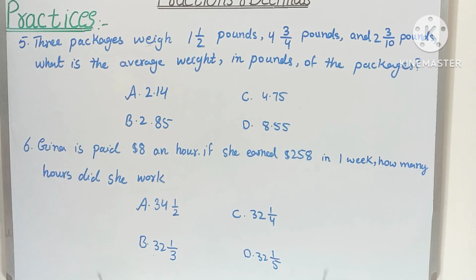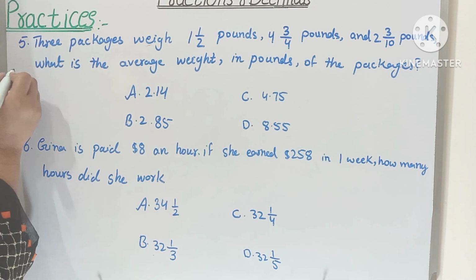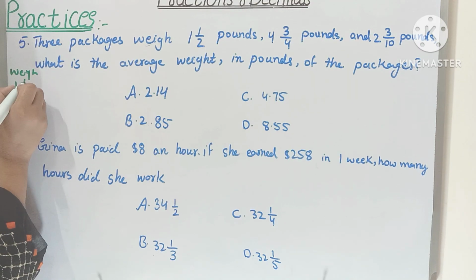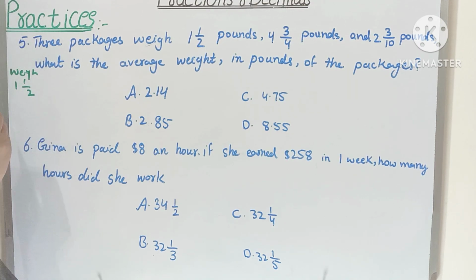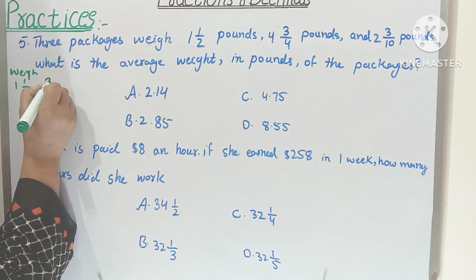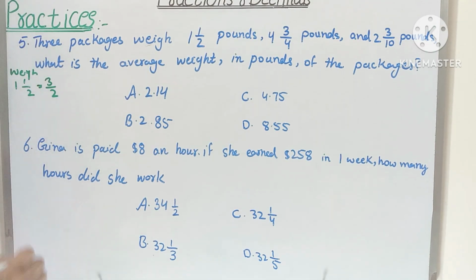Firstly, 1 1/2: 2 plus 1, 3/2. If you want to understand how we convert a mixed number into a fraction, I will show my video in which I completely do this process. I will put it in the description.